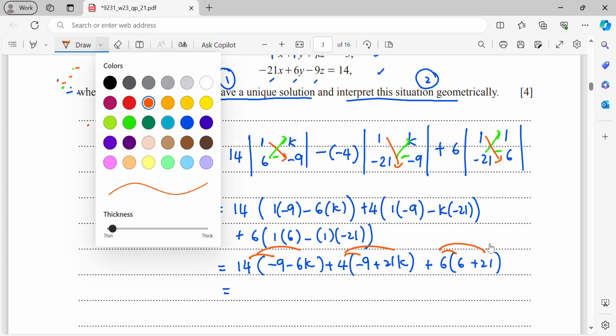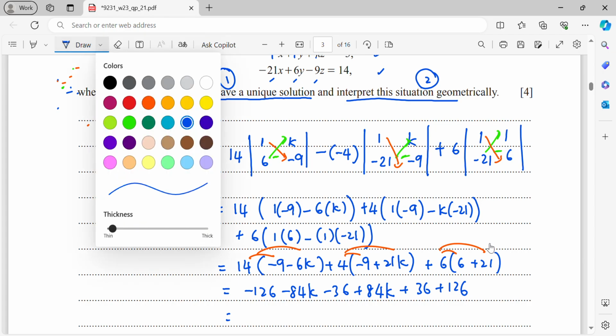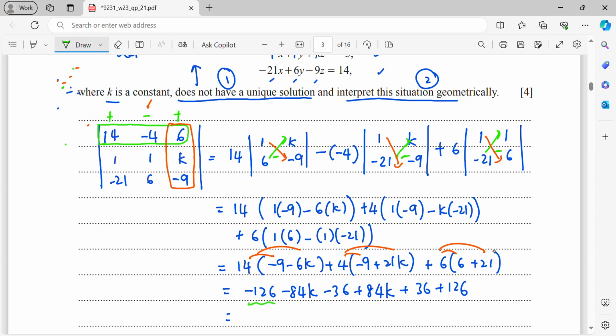I will be getting the first term as minus 126, then minus 84k. Now my third term, 4 times minus 9 is minus 36, 4 times 21k is plus 84k. Then 6 times 6 is basically 36, and 6 times 21 is 126.